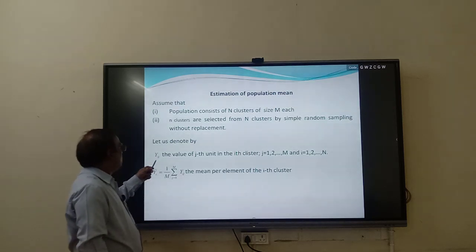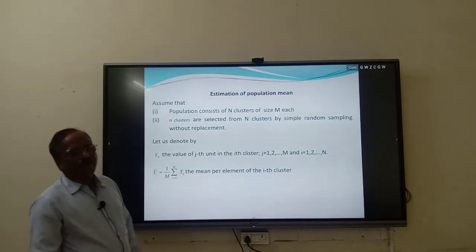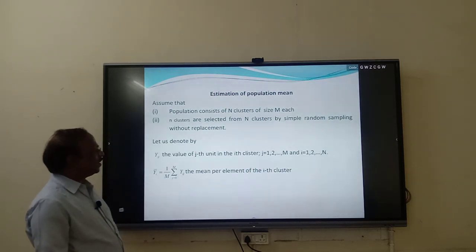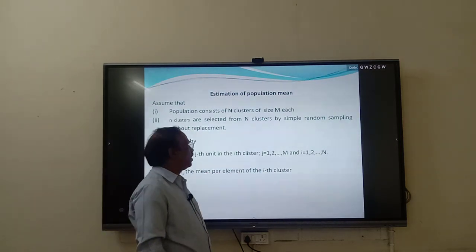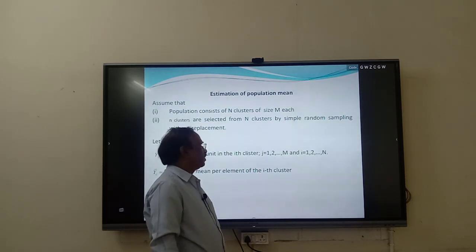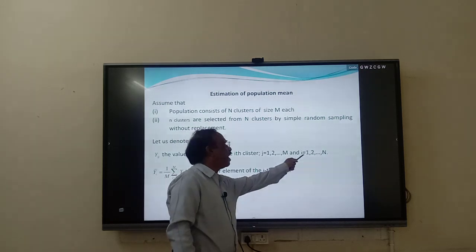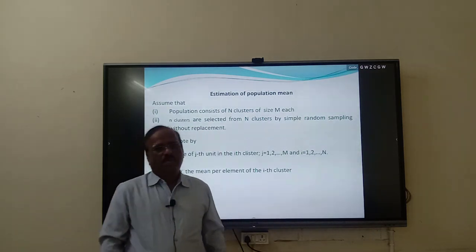Here we denote by Yij the value of the jth unit in the ith cluster. J goes from 1 to M, J denotes the elementary units in a cluster, and I goes from 1 to n. This is for the clusters.